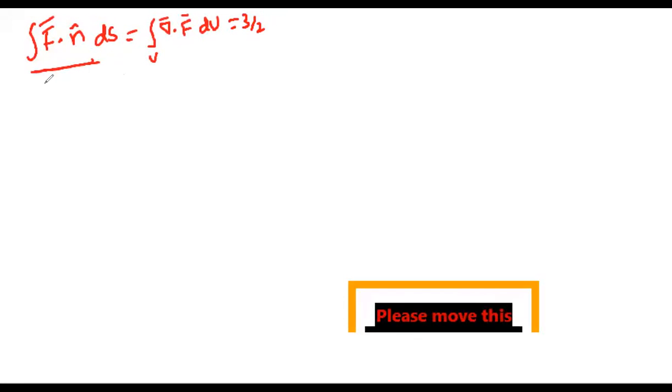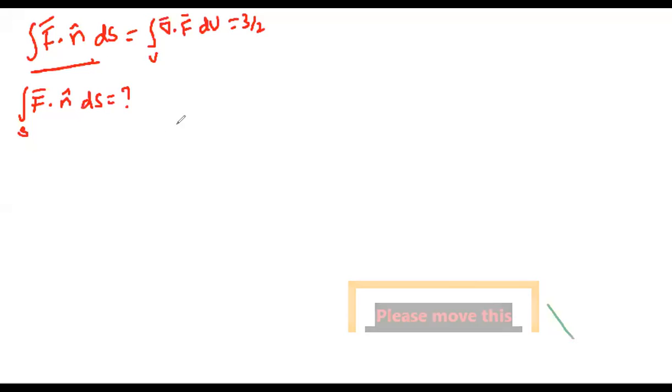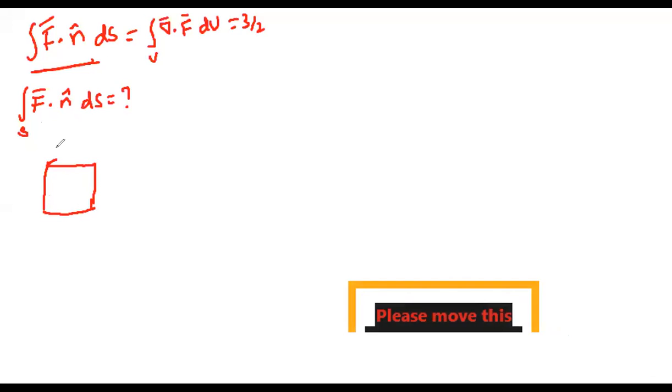How do we get it? To prove this, it's a surface integral of F dot n dS. How do we prove this? This is a surface, right? But since we're doing this for a cube, I have to draw the cube first.